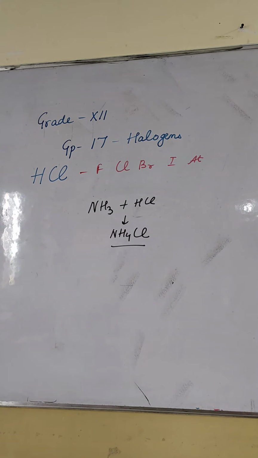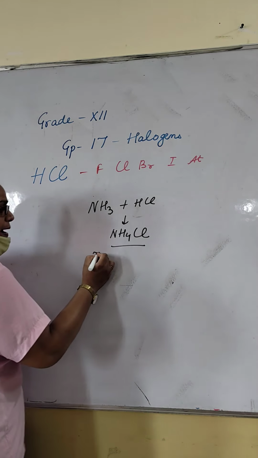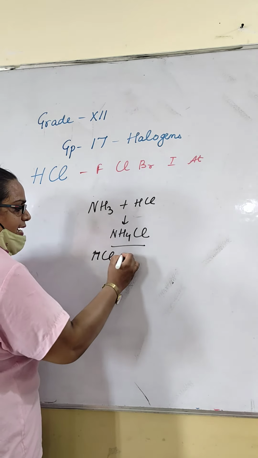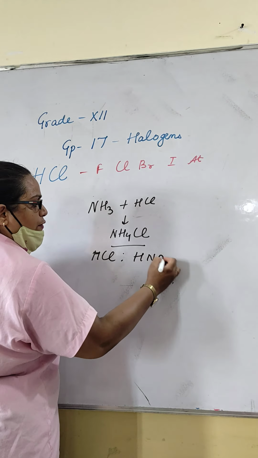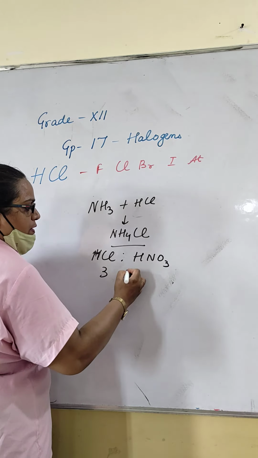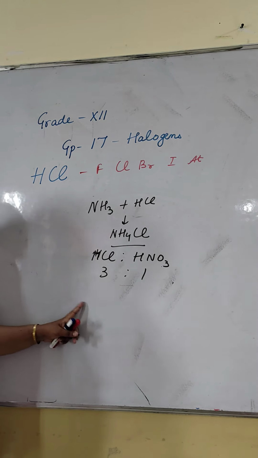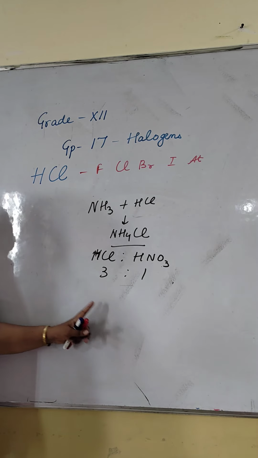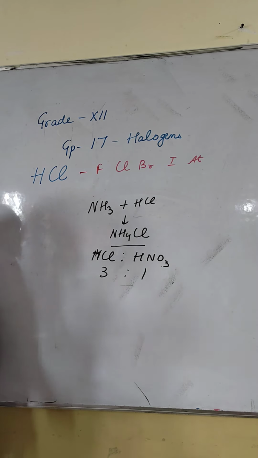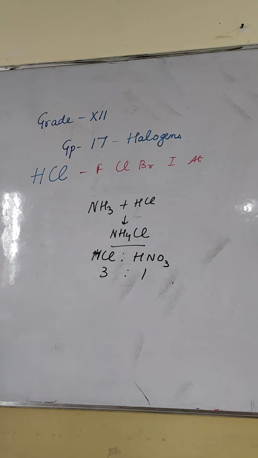It also reacts with some metals when we use 3 parts of concentrated HCl in the ratio of 1 part of HNO3. This mixture is aqua regia. It is used to dissolve gold and platinum.